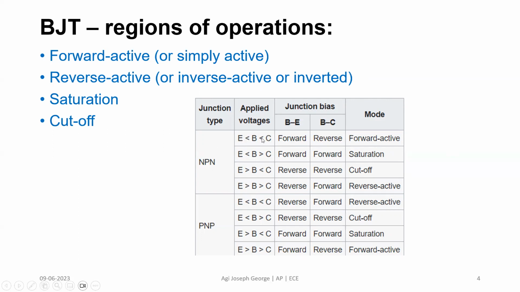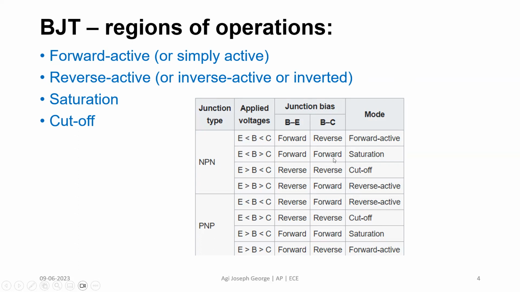For the active type of biasing, N should be connected to negative and P to positive for the emitter base junction, so the emitter voltage is lower than the base. The base collector junction should be reverse biased, so the base should be at a lower potential than the collector. That is why E is less than B, which is less than C.